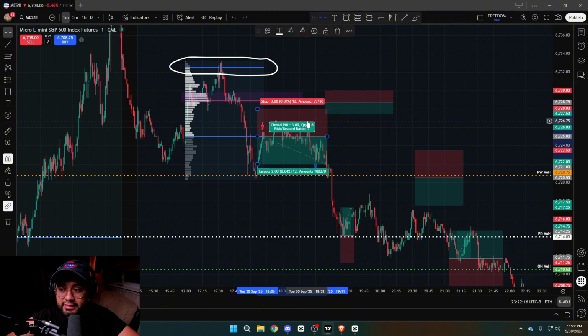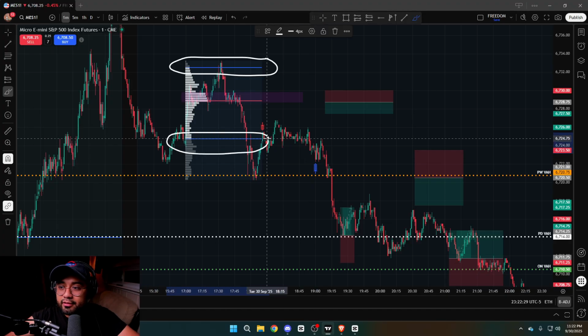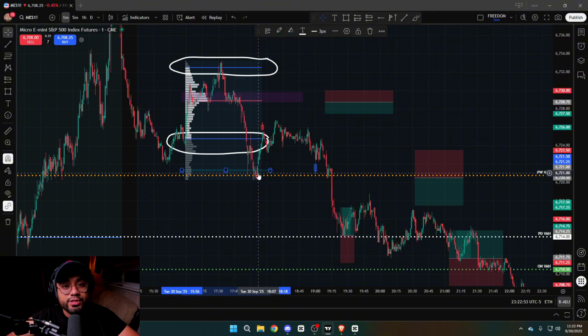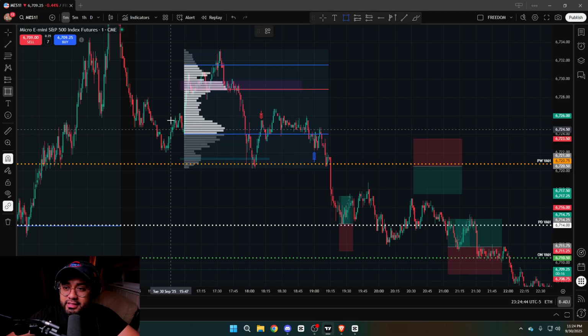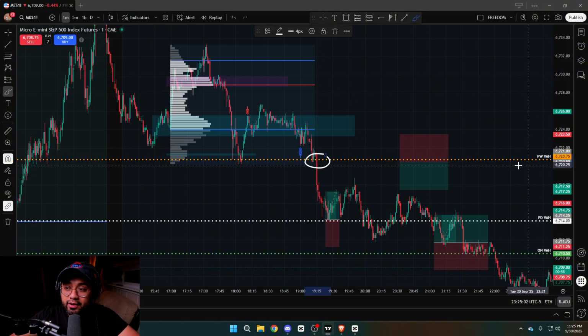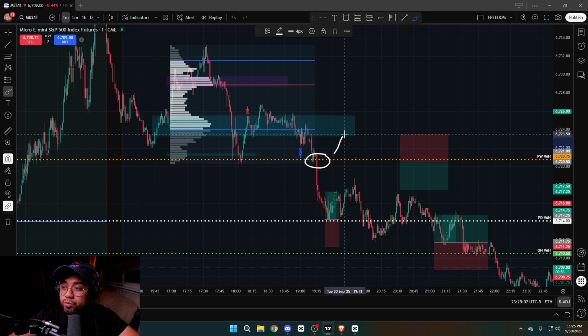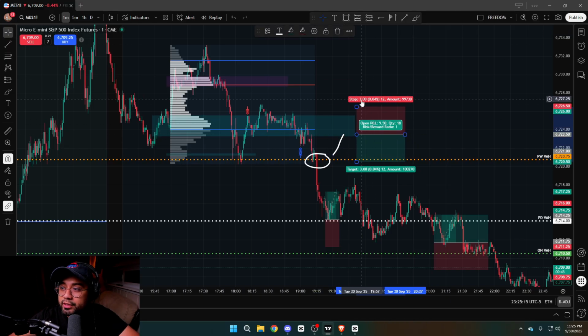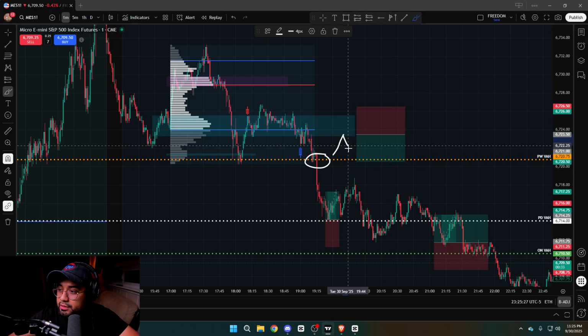So for instance, if this blue line here, the value area low, was actually higher, then I probably would have got in on this rejection here just to continue to the upside and possibly tap the POC as a magnet. There is a high volume node here, so if price did come off of this high volume, off of the previous week's value area high and tap in, I would have gotten in here for 3 points, put my stops there, and targeted a return down to the previous week's value area high. So it would look like this.